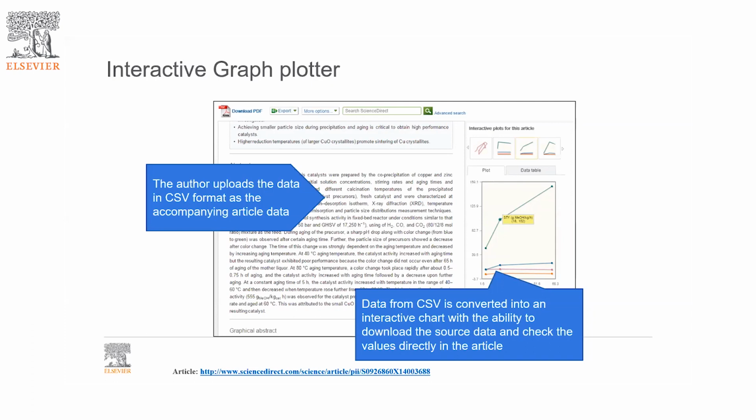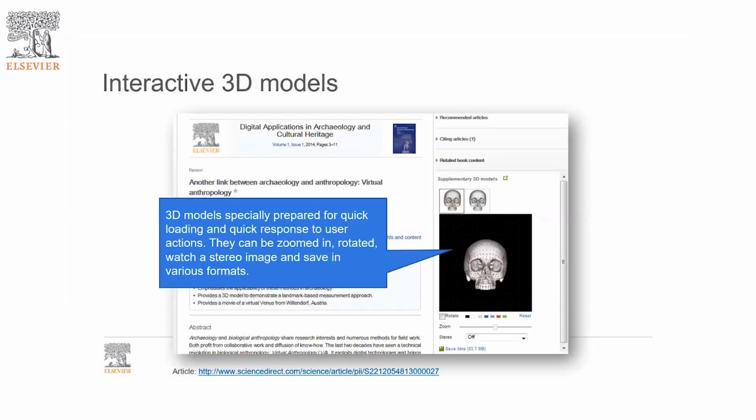It's really a good interactive way to show your information to other readers that is now available in ScienceDirect if you're publishing in Elsevier magazines. Interactive 3D models are also available, and it's now possible to publish 3D models in ScienceDirect.